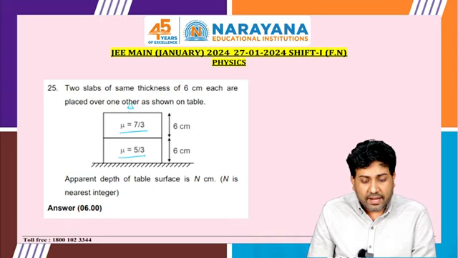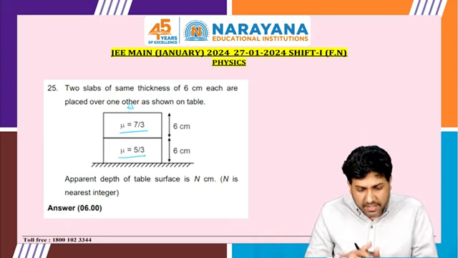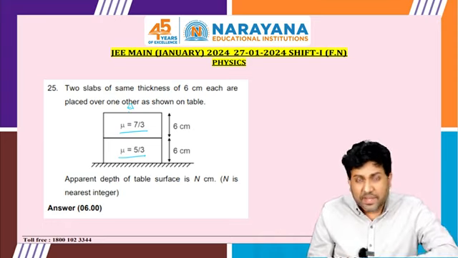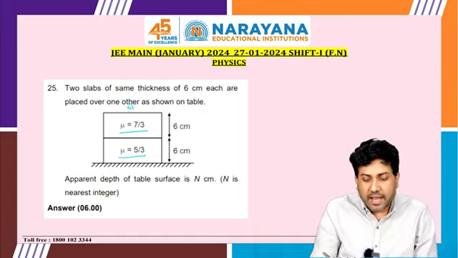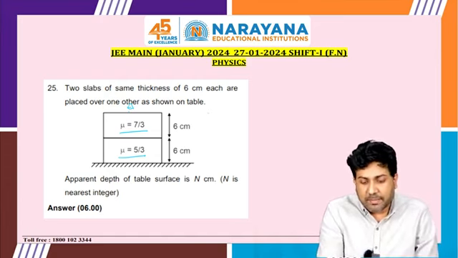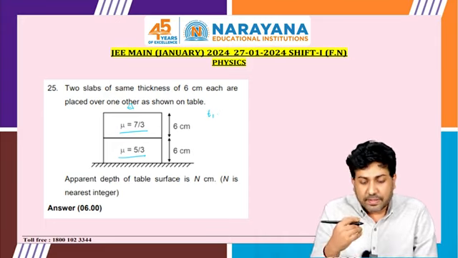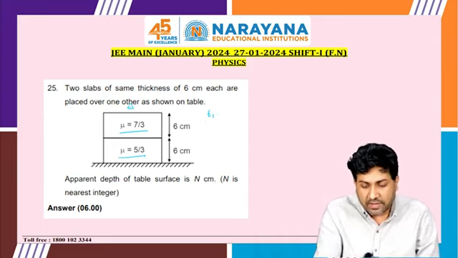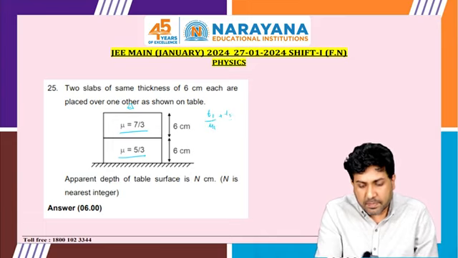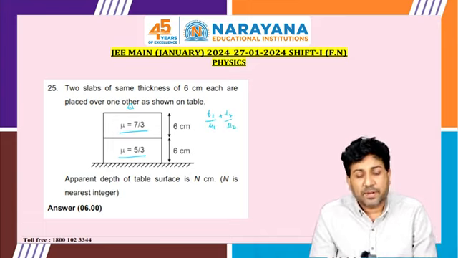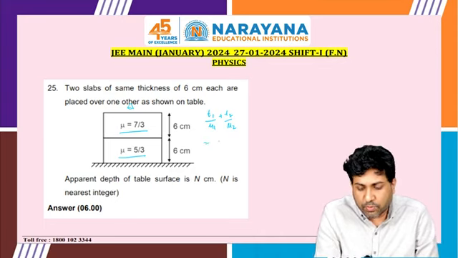So you know that when the object is in the denser medium, the object appears to be shifted up, right? And the apparent depth, if you remember the formula, is T by mu. But here there are two slabs, so I'll write T1 by mu1 plus T2 by mu2. This is the apparent depth. T1 and T2 both are 6.